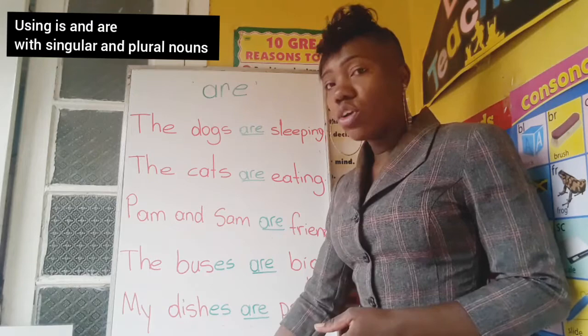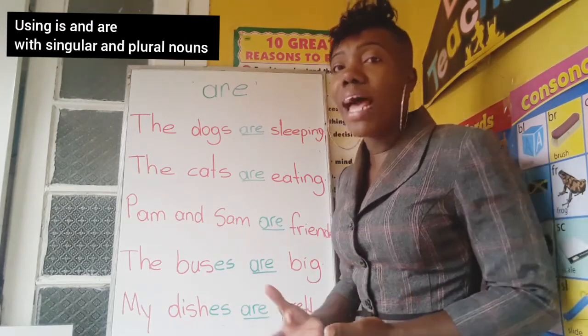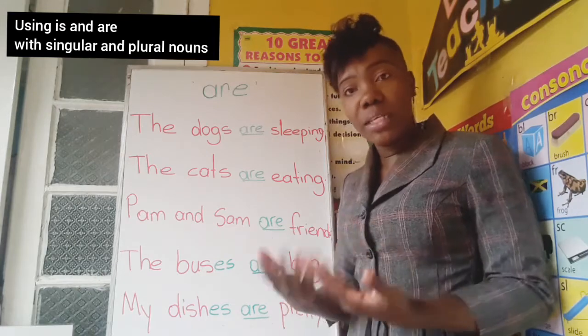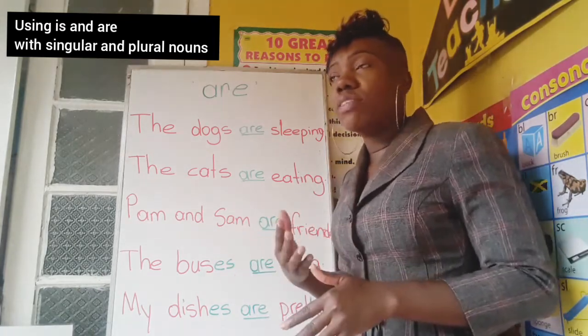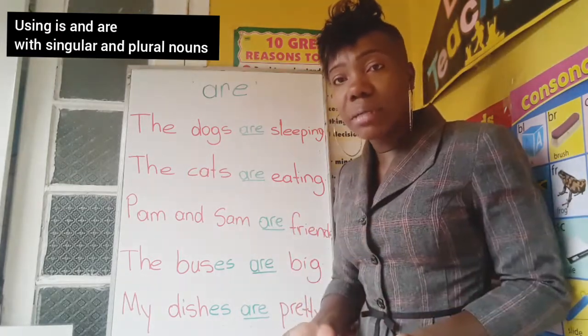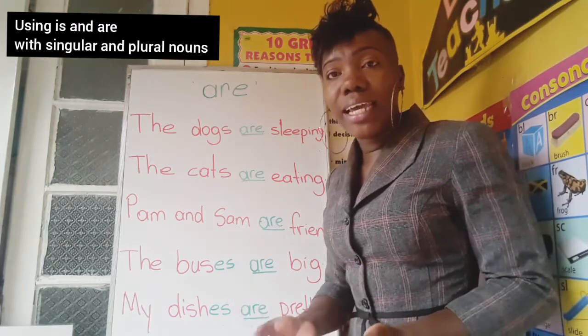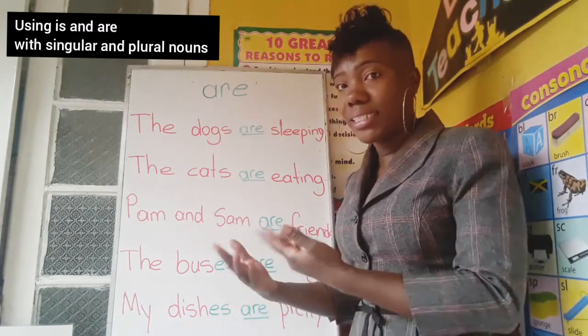So I know, again, as I said, that we are used to our own language in Jamaica where we speak patois. And we don't use are. For instance, if we're going to say the dogs are sleeping, we will say the dog them asleep.